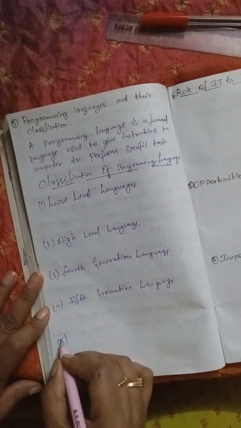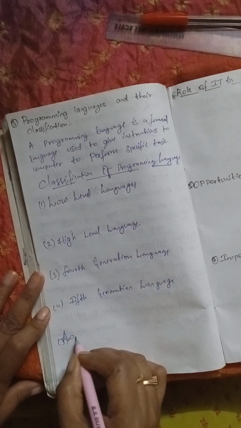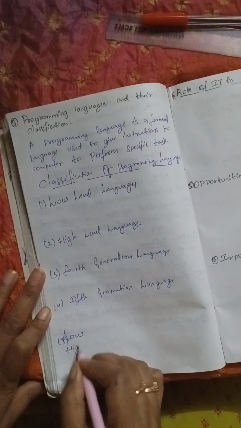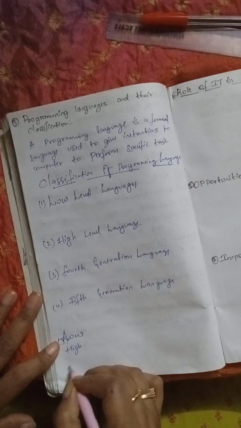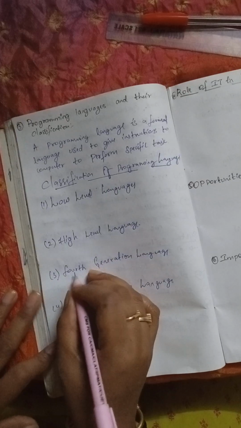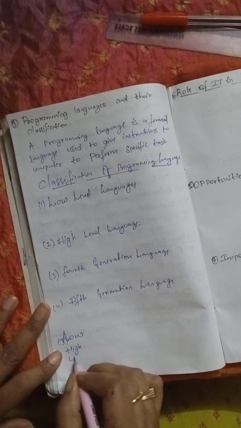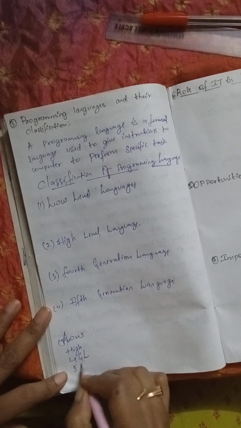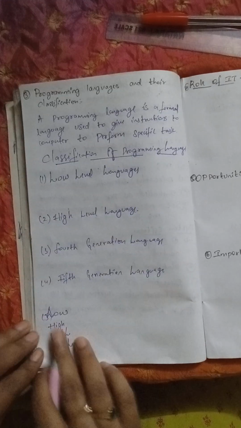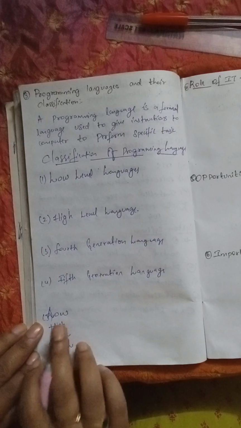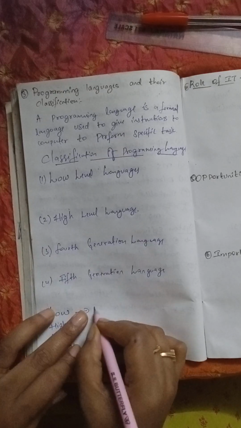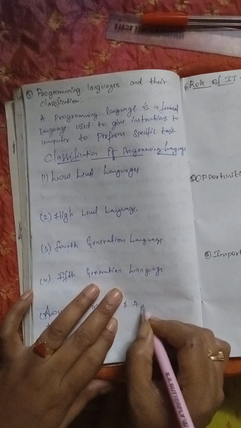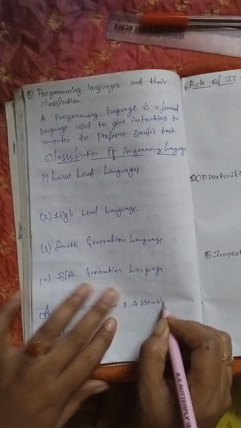In summary, 4GL means fourth generation languages. Low level language includes machine and assembly.